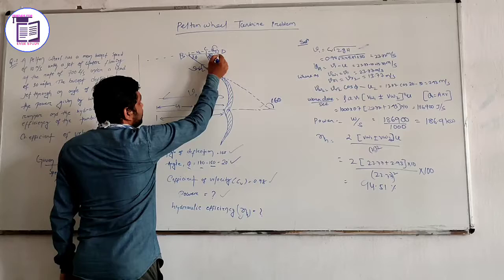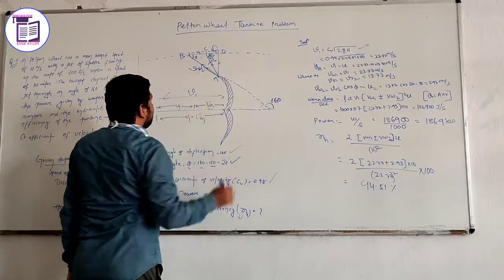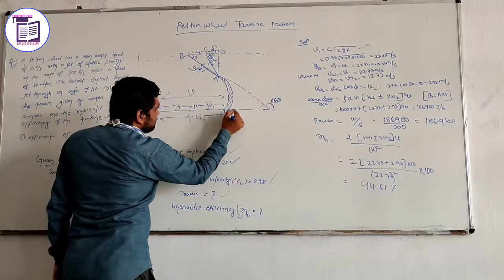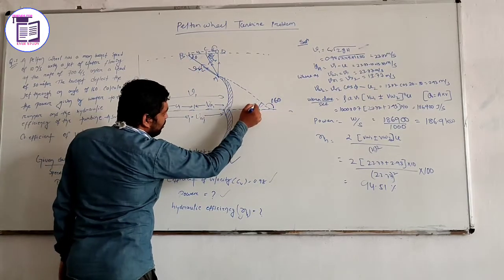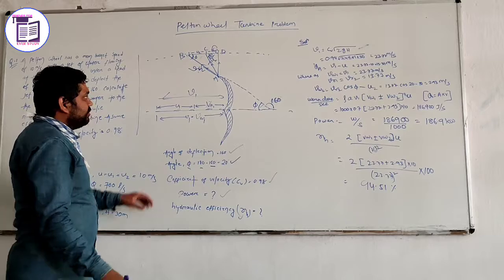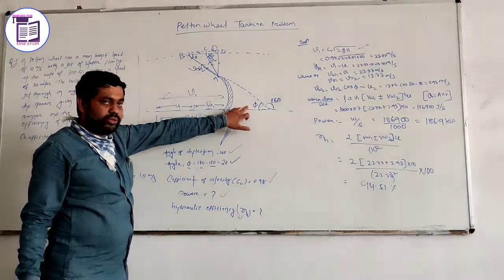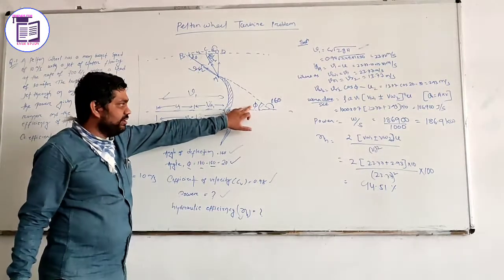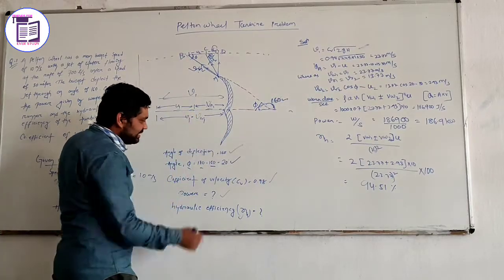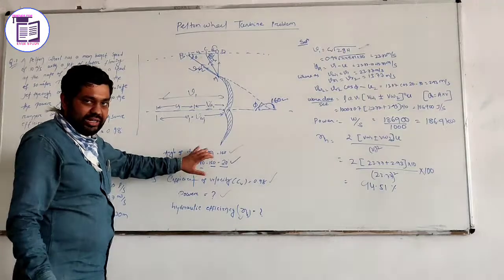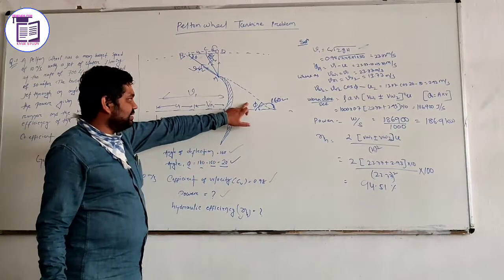This is your phi, and this other angle is also called phi, so this angle is equal to this angle. We can find the angle phi from this: the total is 180, so 180 minus 160, that is 20 degree. You already found that.